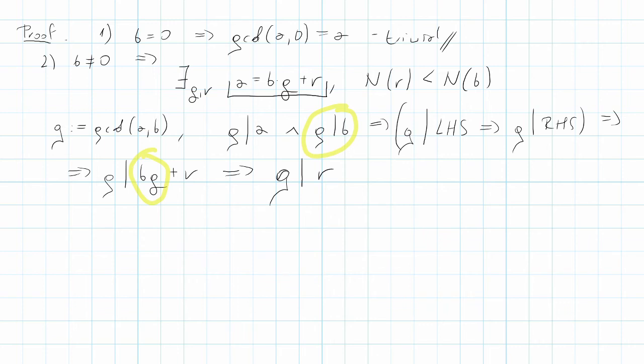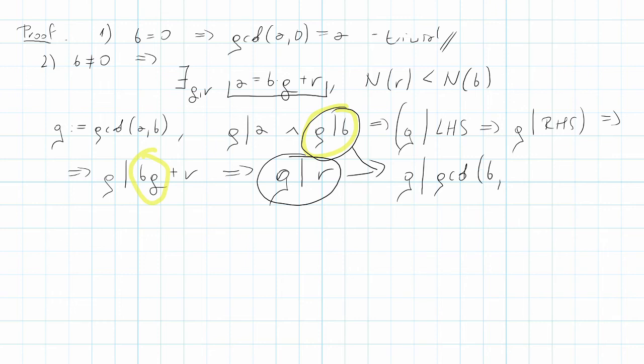We have that G divides B and G divides R. So we will now use this fact and this fact together. If G divides B and G divides R, it follows that G divides the greatest common divisor of B and R. So we have this fact.